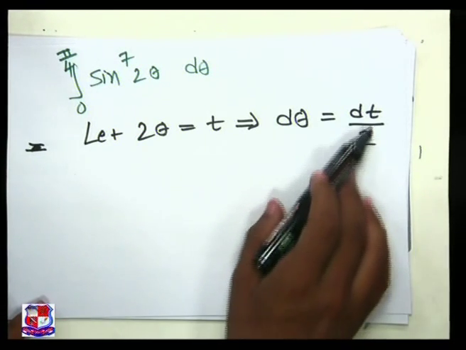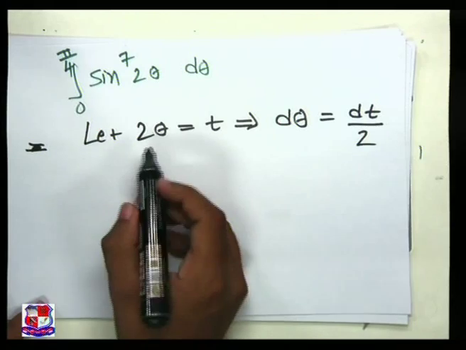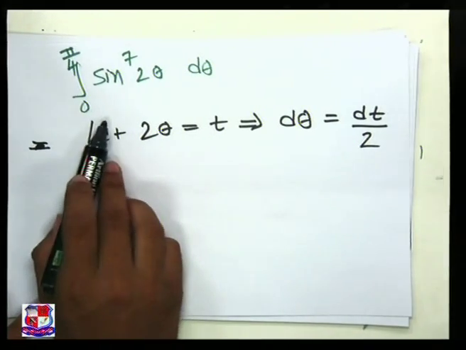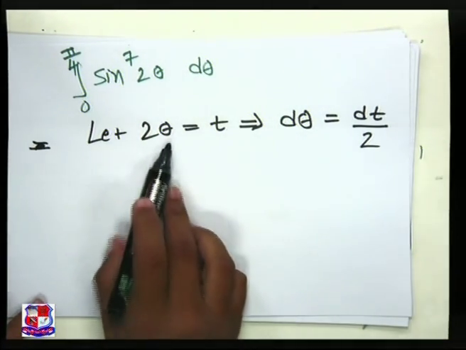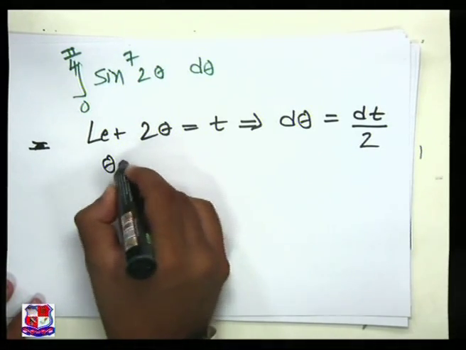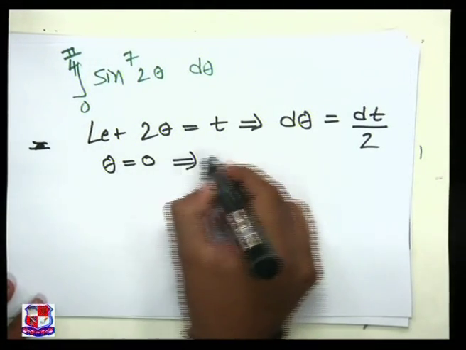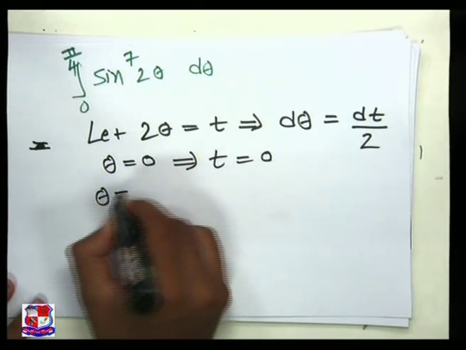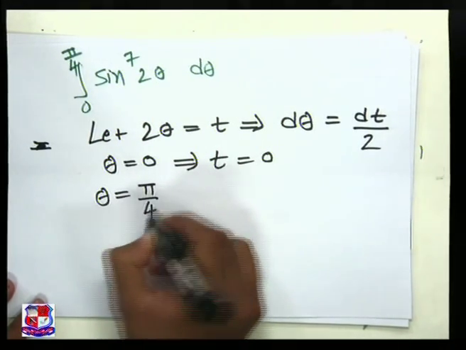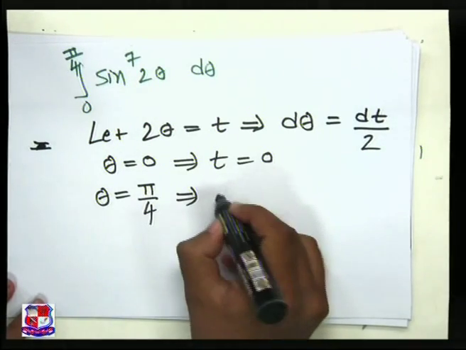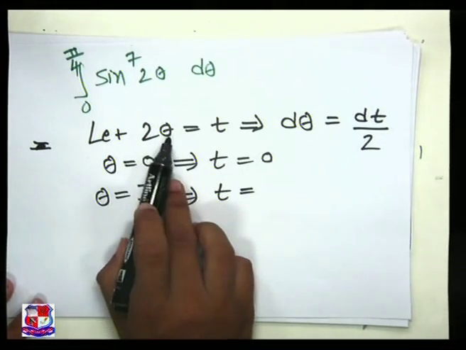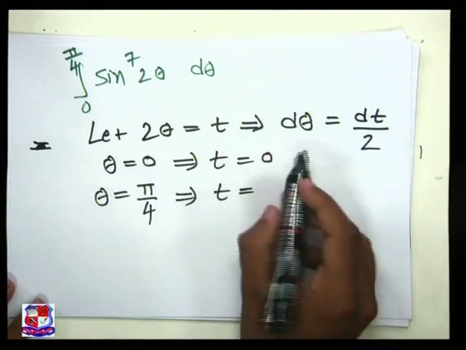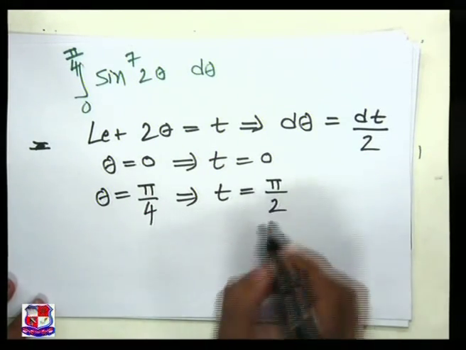So d theta is equal to dt by 2, and the limits will also change. When theta is equal to 0, t is 0, and when theta is equal to pi by 4, t is 2 into pi by 4, that is pi by 2.